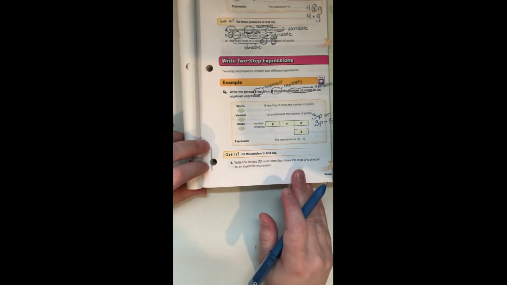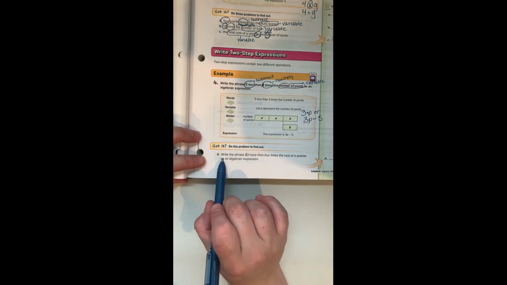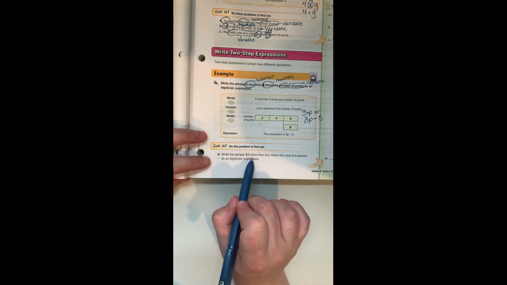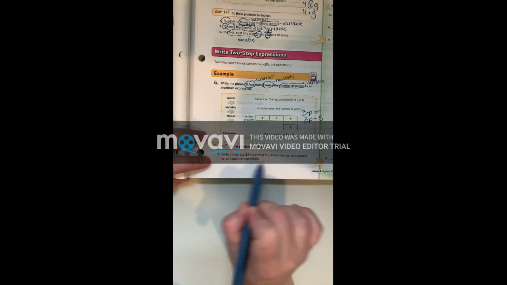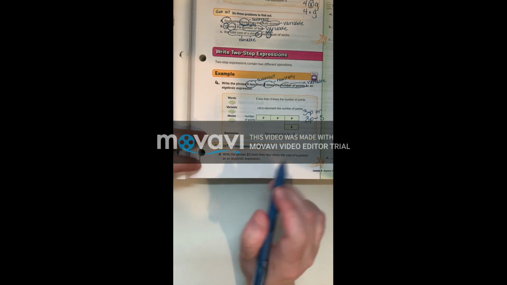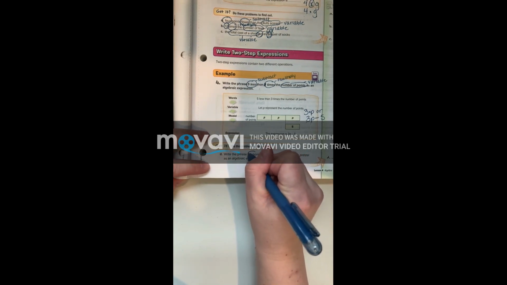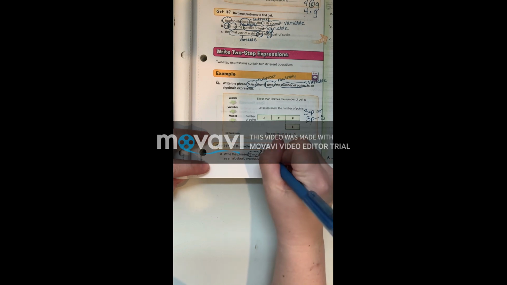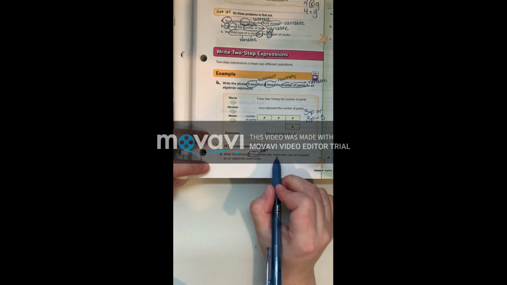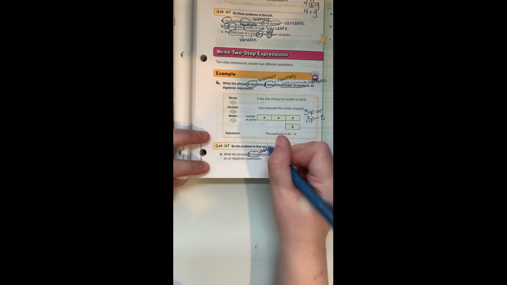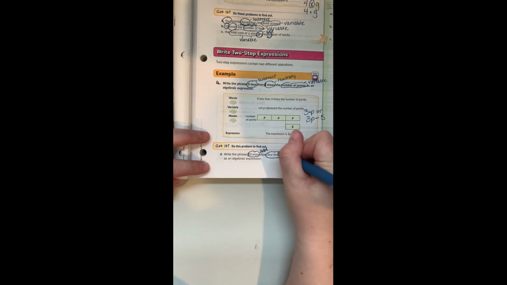So let's look down here at this. Write the phrase $3 more than 4 times the cost of a pretzel as an algebraic expression. So 3 more, we know we're going to add. 4 times the cost of a pretzel. So 4 times, it's going to tell us to multiply as well. And the cost of a pretzel, we don't know what that is.